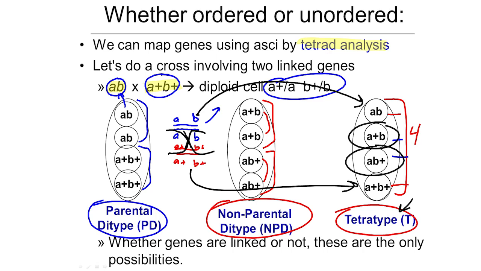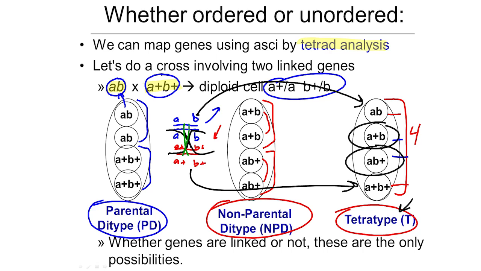Now, I'm going to keep that picture and just add to it, because non-parental ditypes are the result of a double crossover, but be very careful that you understand what I mean. What we just drew here is a single crossover event, right, between 2 non-sister chromatids. We've mentioned before, and you guys know it's true, it's also possible that the other 2 non-sister chromatids could engage in a crossover event. So in that sense, it would be a double crossover involving all 4 of the chromatids at that 4-strand stage.